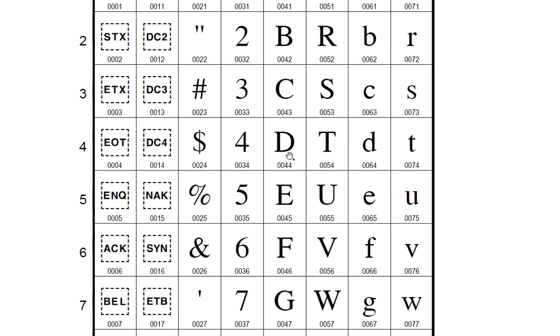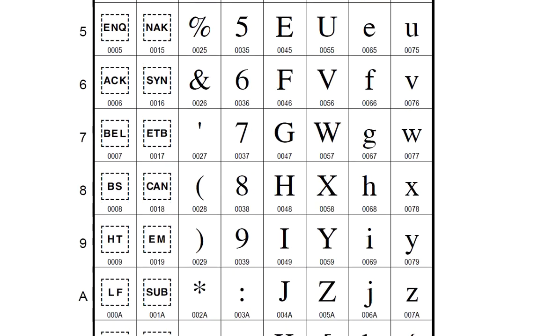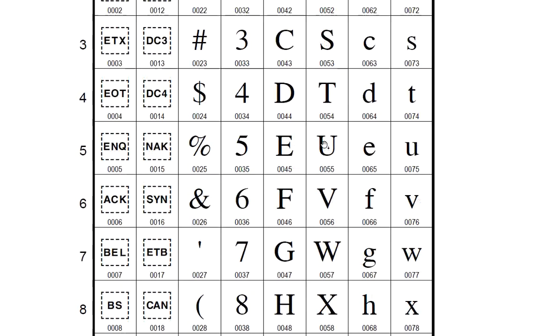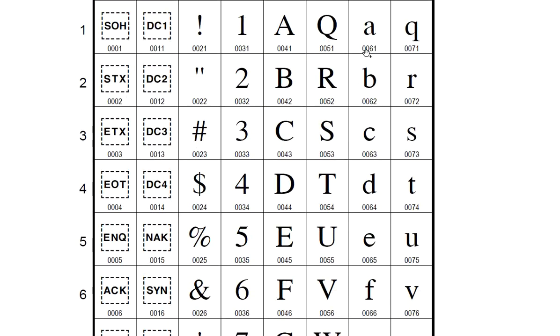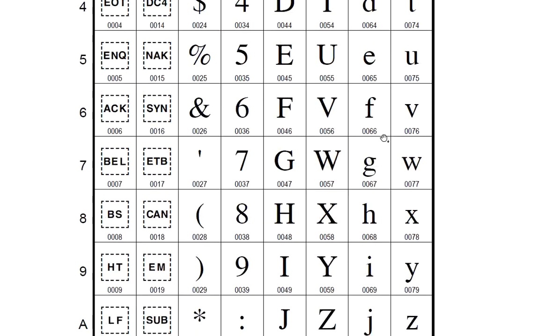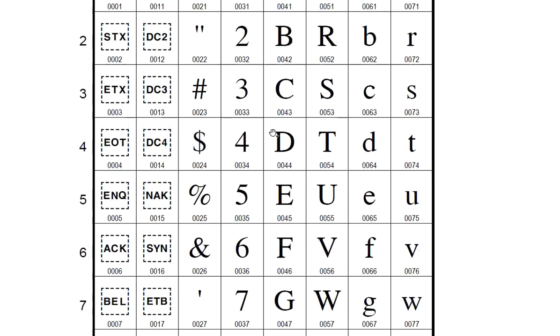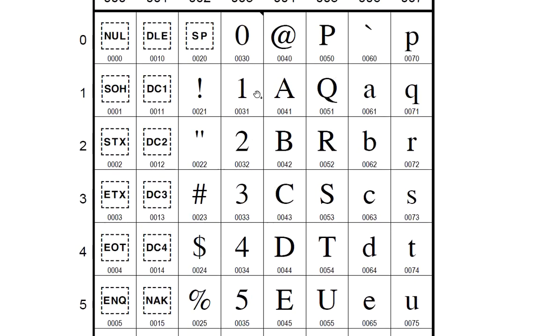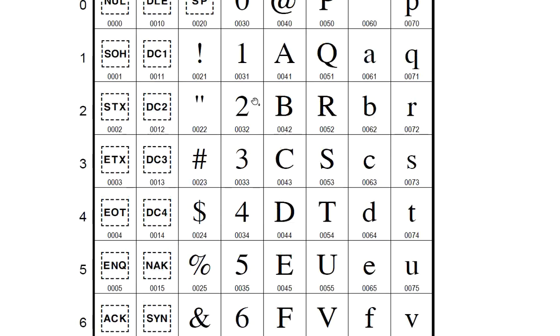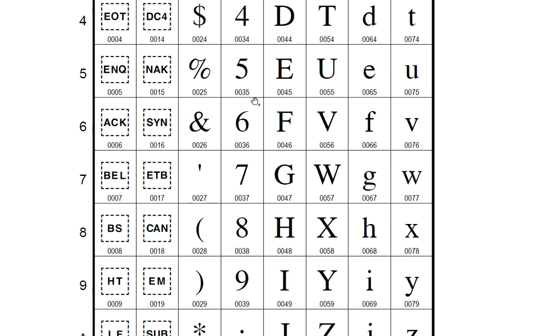From 0041 to 005A, capital A to capital Z are represented, and small a is represented using 0061 to 007A, small z, and numbers are represented from 0030 to 0039. Now let us find out where Telugu characters are.